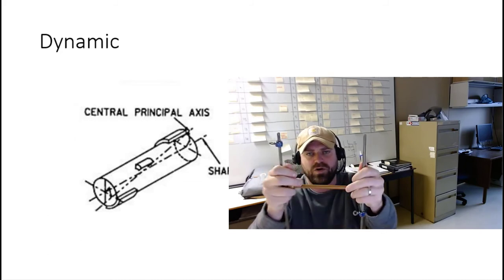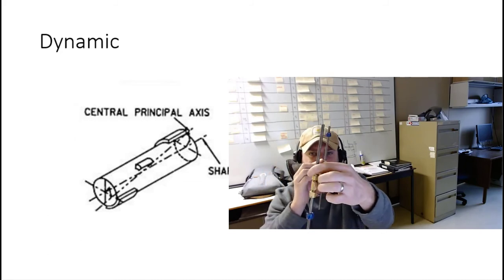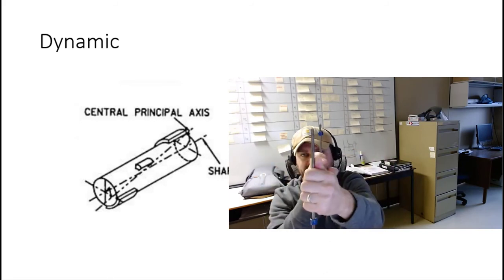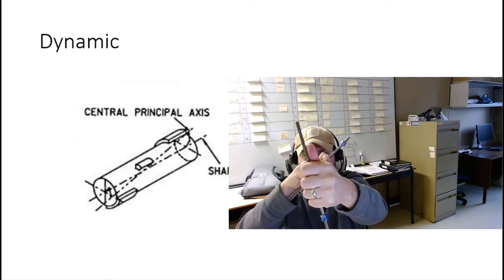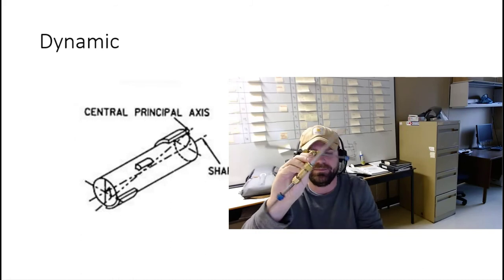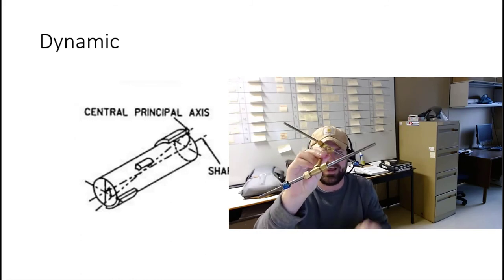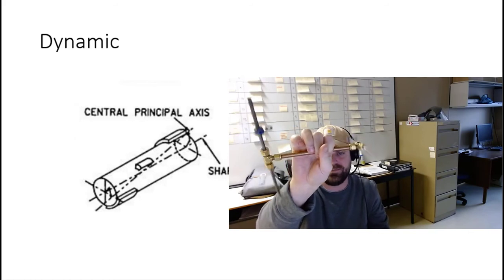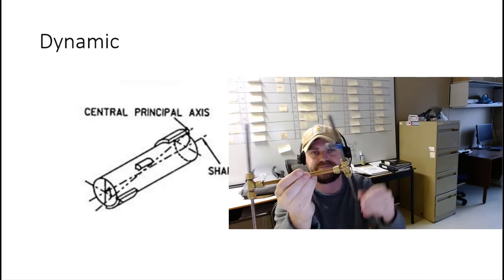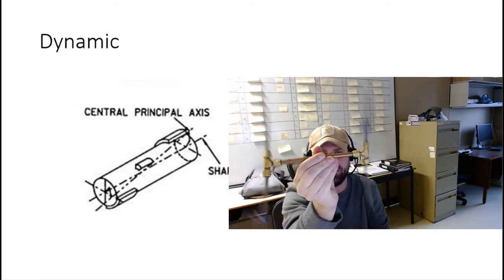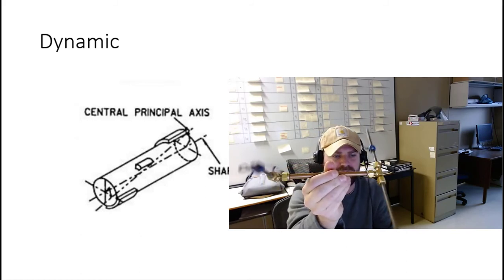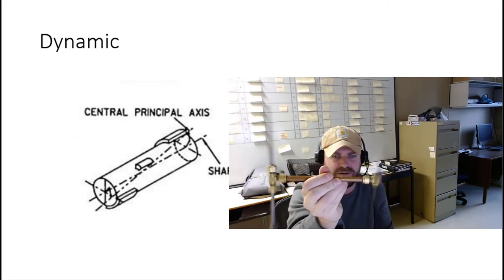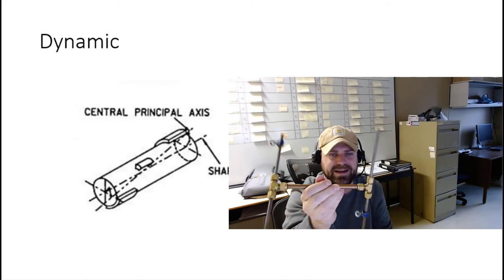And then what we're also going to do is we've been running this thing in an H position, but now we're going to rotate it like this. Okay, and it's got a heavy spot and it definitely wants to wobble when I hold it. So you can see the wobble that goes on when I spin this. So that is a dynamic imbalance.